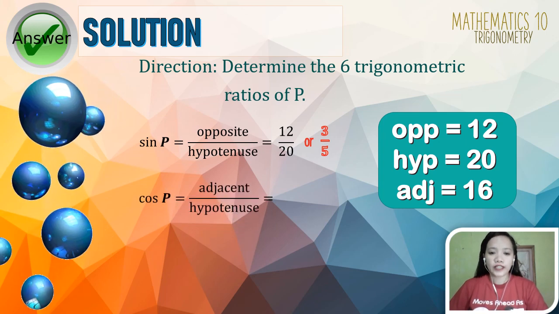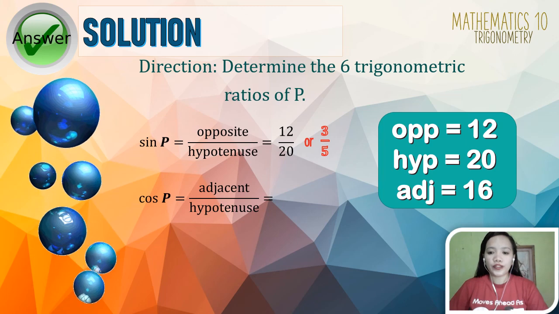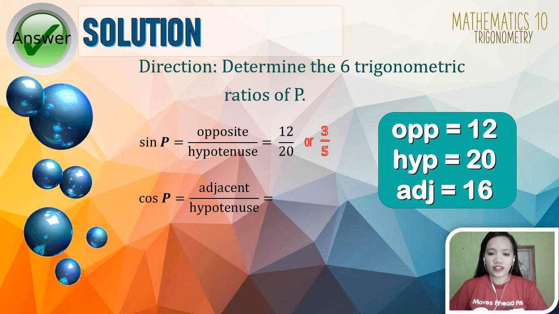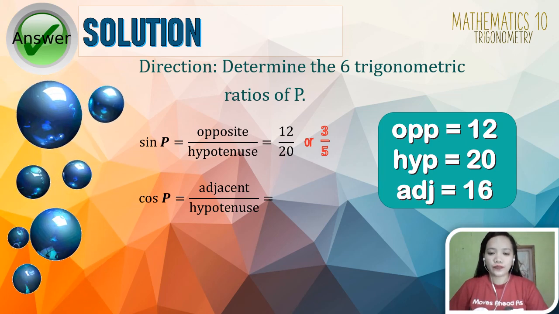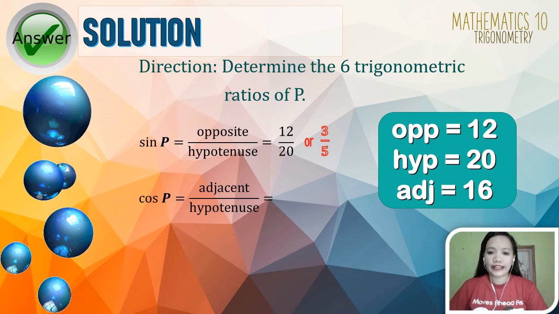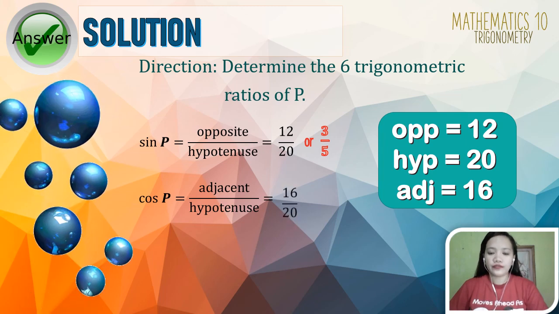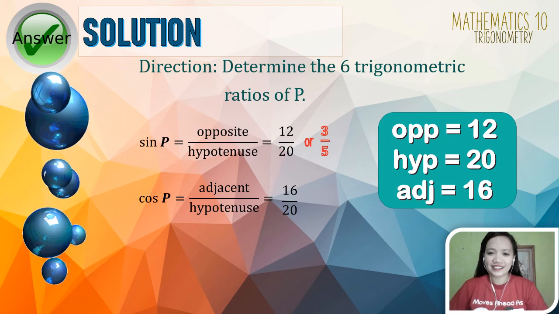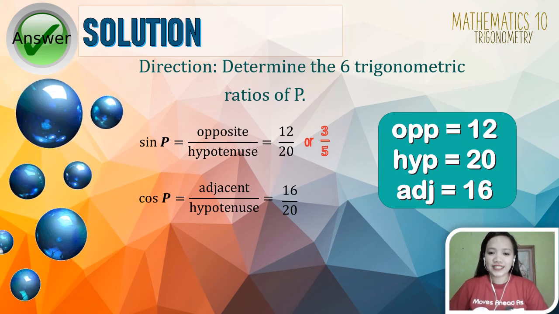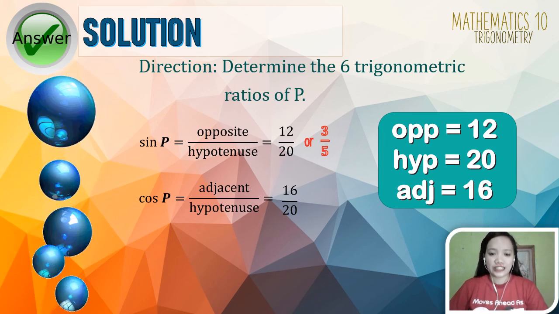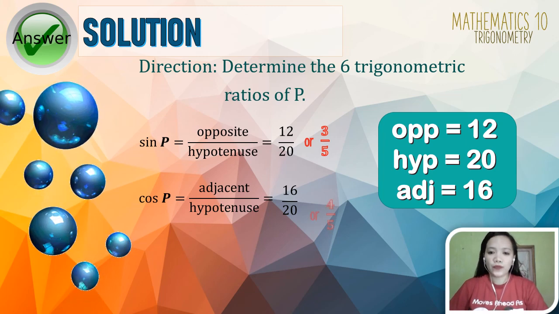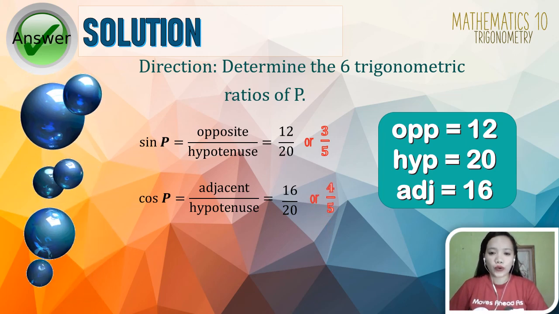Next, we have cosine P. We all know that the formula for cosine is adjacent divided by hypotenuse. Then substituting the details in our formula, we'll have 16 over 20. Of course, we can see that it can still be simplified. So, we'll have 4 over 5.